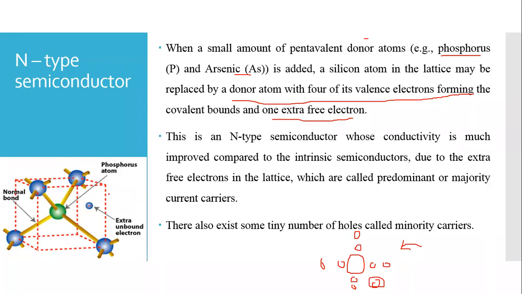You can see the symbol of the diode. It is represented like this. This is the anode terminal and this is the cathode terminal. This is the P side and this is the N side.